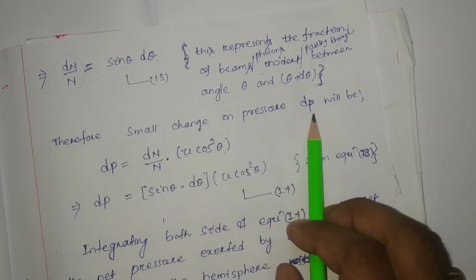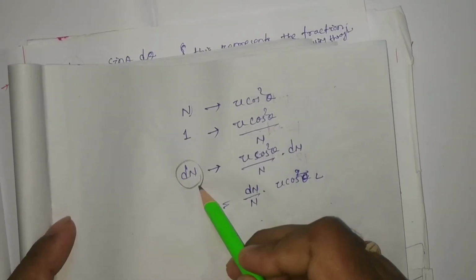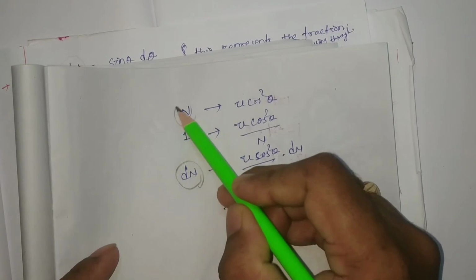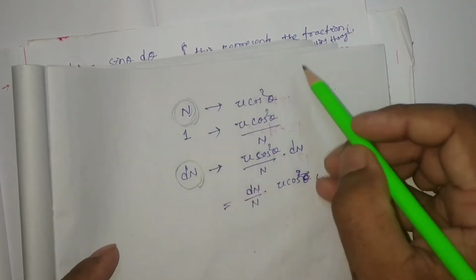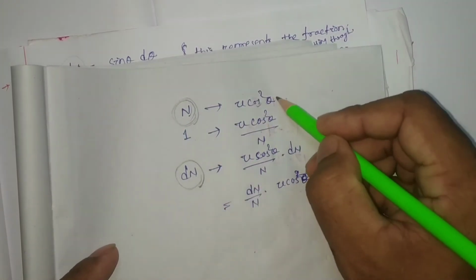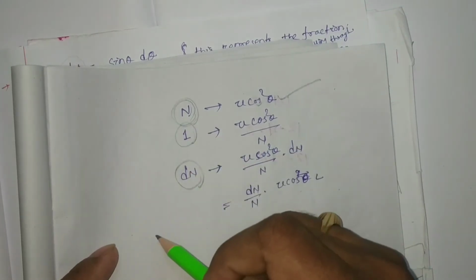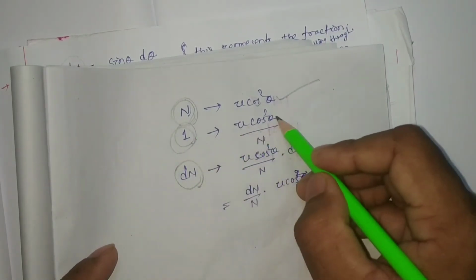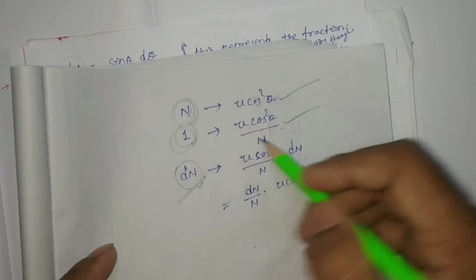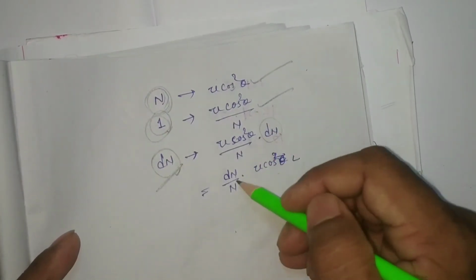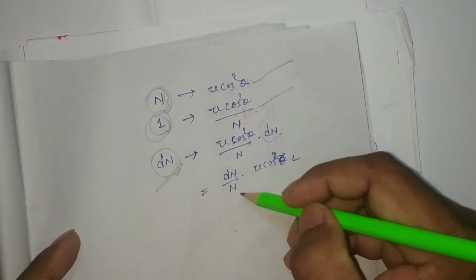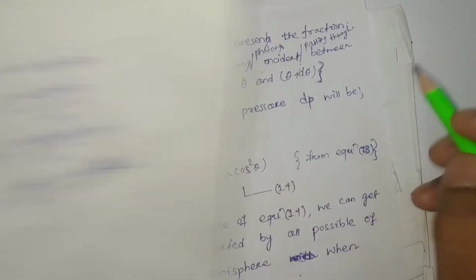Therefore, the small change in pressure due to dn particles: the so-called total pressure is u cos square theta. For one particle or one beam, it will be u cos square theta by n. For dn particles, it will be multiplied by dn, or it can be written as dn by n into u cos square theta.